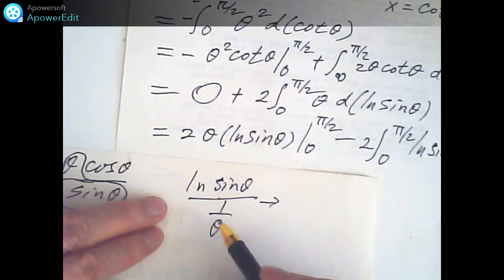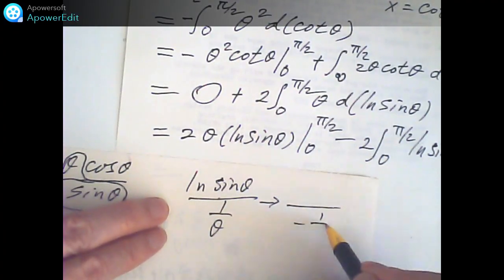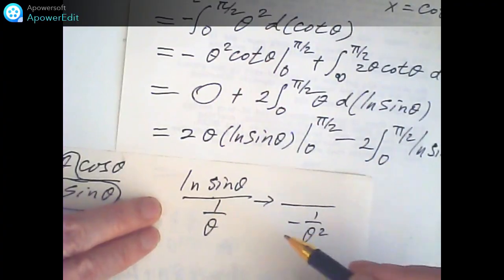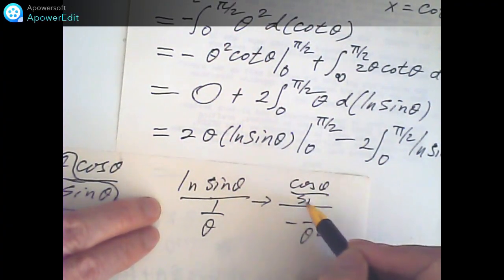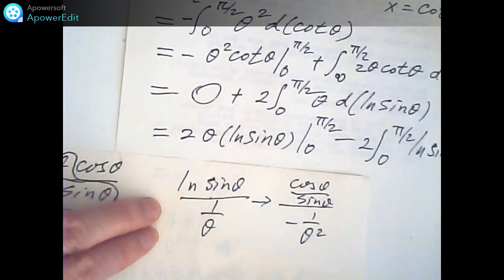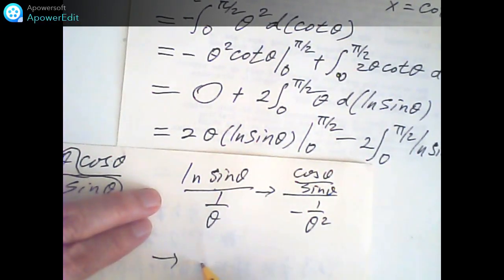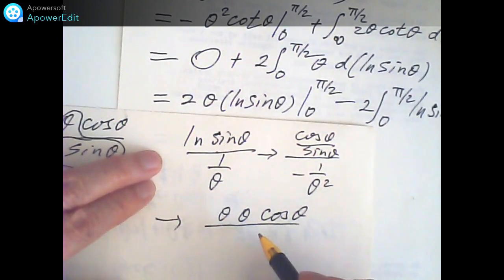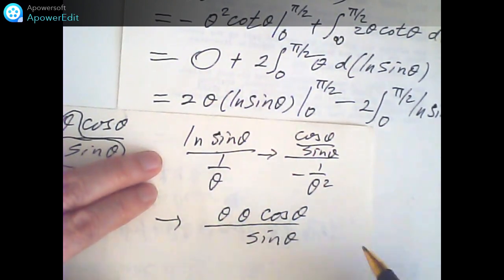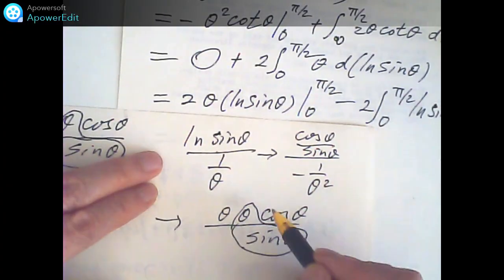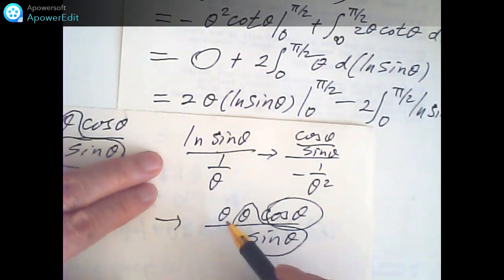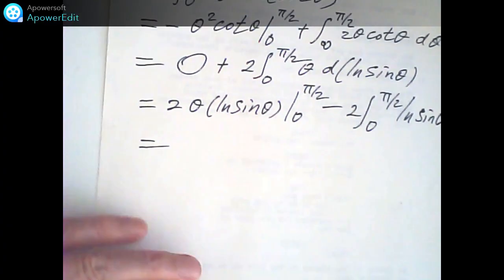When theta goes to 0, this is 1 over theta squared, the derivative. This one is cosine over sine, the derivative of this. And this one goes to theta times cosine theta over sine theta. When theta goes to 0, this goes to 1, this goes to 1, this goes to 0. So everything's 0.